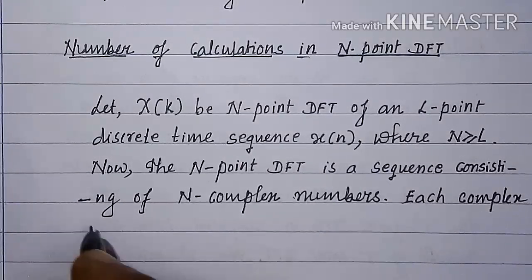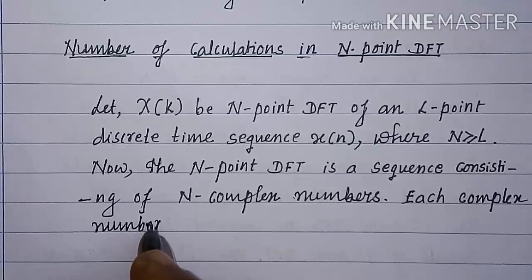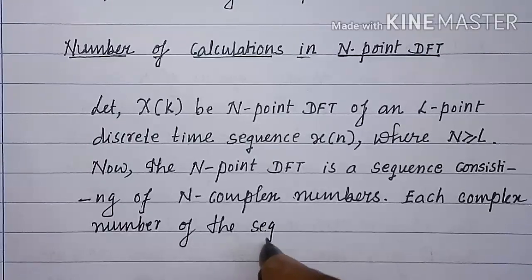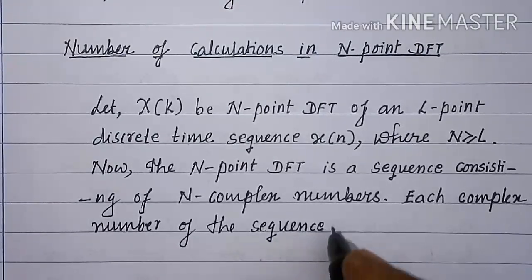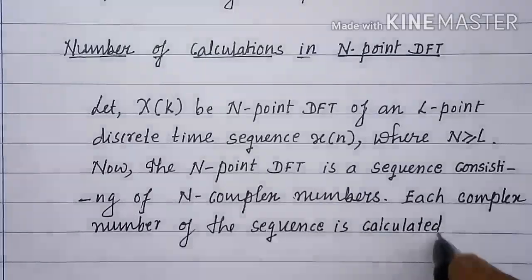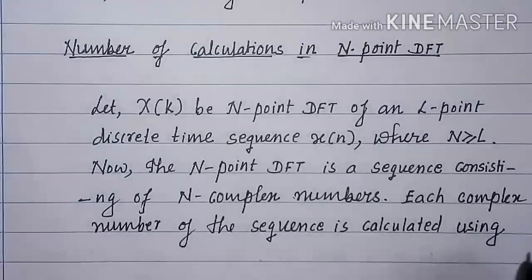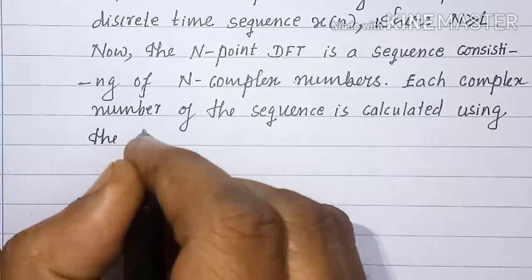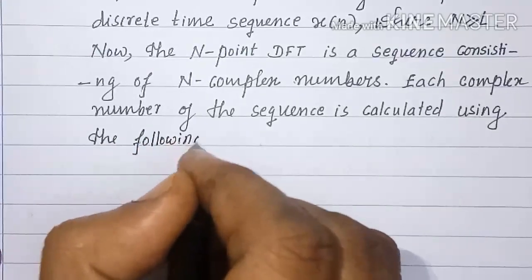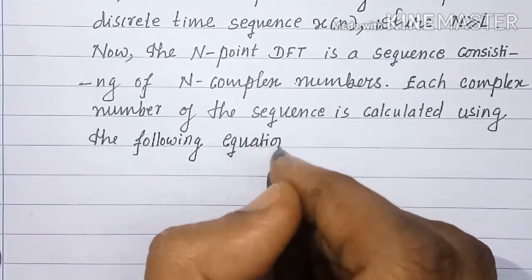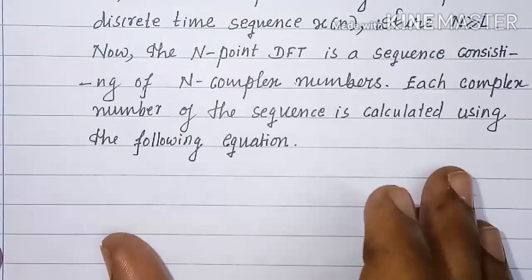Each complex number of the sequence is calculated using the following equation. It's not a new equation.